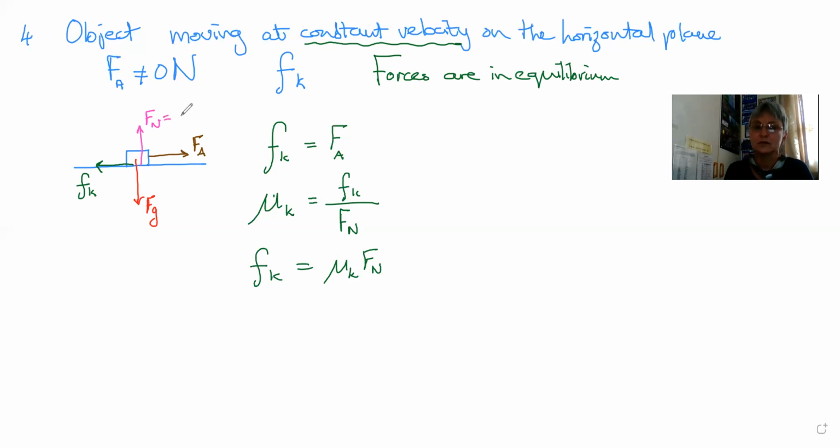Because the vertical forces are also in equilibrium, it is equal to the gravitational force, which we can calculate as mass times gravitational acceleration. So here we go with the kinetic friction Fk as equal to mu k times the mass times gravity. So with kinetic friction, there will be two possible equations to use. This one, if you have information to use that one, and this one, if you have information to use that one.